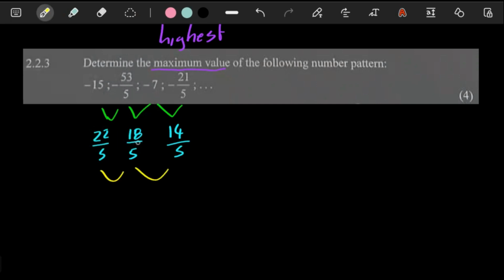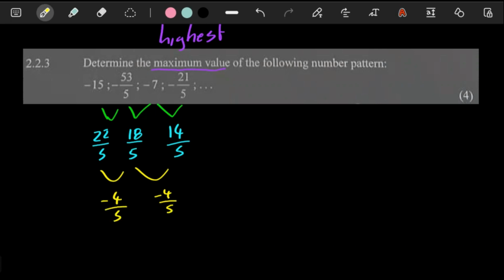This minus the 18 over 5 is going to give us negative 4 over 5. And then 22 over 5 minus 18 over 5 gives us another negative 4 over 5. Okay, so it's definitely a quadratic number pattern.